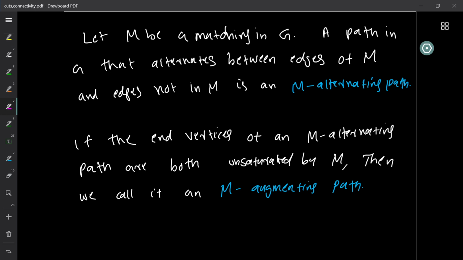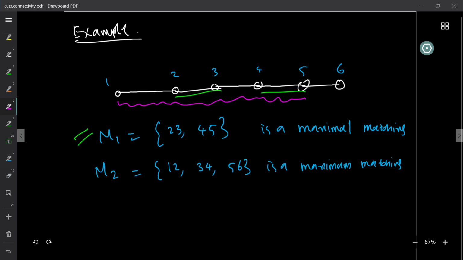Now, suppose for some M alternating path we are looking at, the endpoints of this path are both unsaturated by M. Then we say this is an M augmenting path. The example that we looked at is not an augmenting path; it is just an M alternating path. But on the other hand, I could look at this path, starting from here, this, and this.